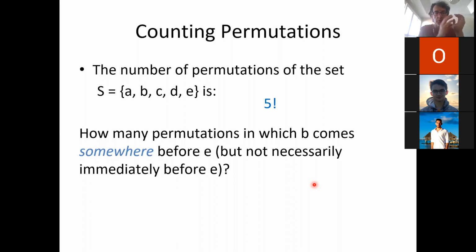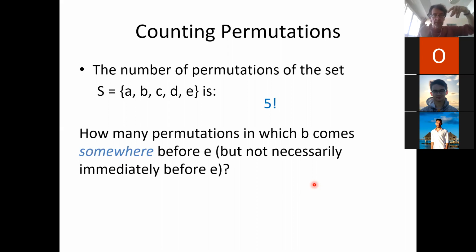And the function will do the following. We'll take the permutation and we'll do the following check. If B is already before E in the permutation, I leave it as is. But if E is before B, then I flip them. That's my function. Now, that function is 2-to-1 because it can create a collision in one way only, right?